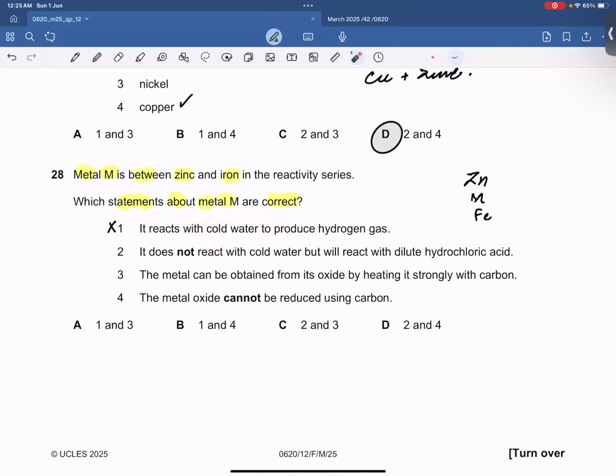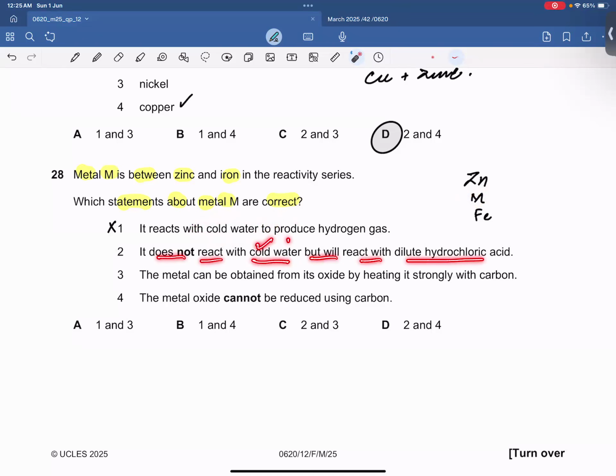Magnesium reacts with cold water very slowly because of its lower reactivity. Since M is even less reactive than magnesium, it cannot react with cold water. It does not react with cold water, that's true.